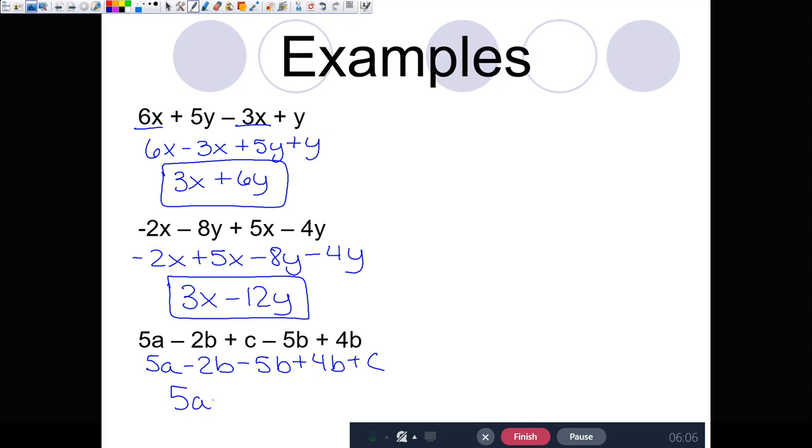What about negative 2b? Yes, minus 5b would be negative 7b. I'm going to write it small because I would then add 4b. What is negative 7b plus 4b? Negative 3b. Do I have anything to add to the c? No. So that is my answer.